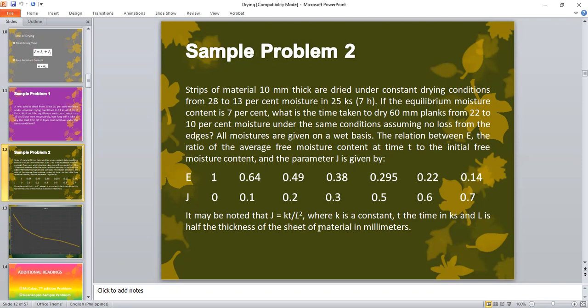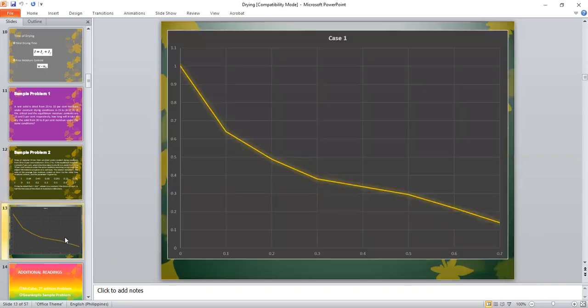How are we to treat this information that you have tabulated here? So this particular problem is actually solved both analytically and graphically. I'll show you the graph of E versus J. So this is your E here, and this is your J. It's not a smooth curve because I just used Excel to plot it.